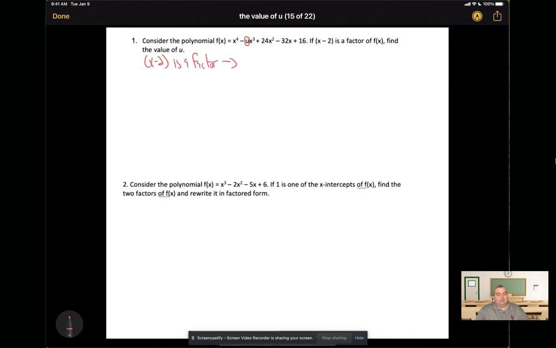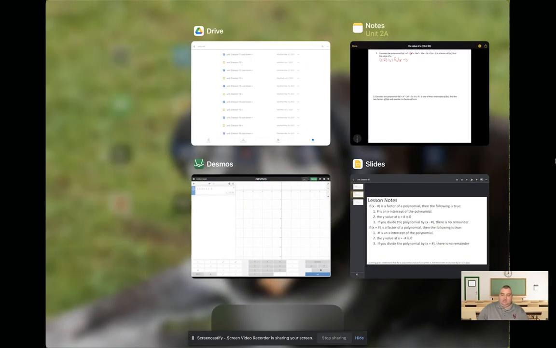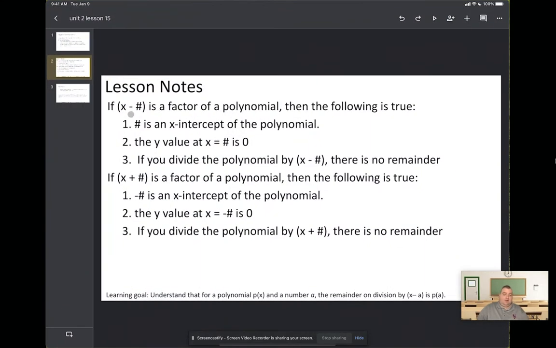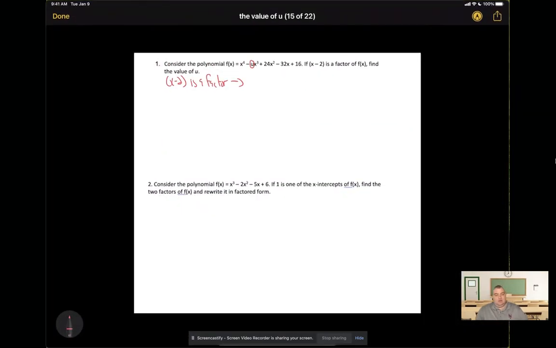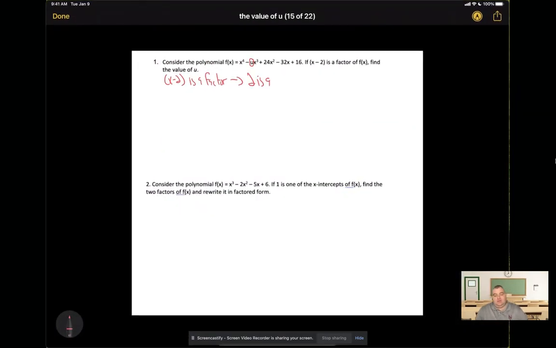The reason why this is important is if we go back to our lesson notes, if x minus a number, in this case x minus 2, is a factor of a polynomial, then I know that 2, in this case, is an x-intercept. And if 2 is an x-intercept, then I know the y value at x equals 2 is 0.